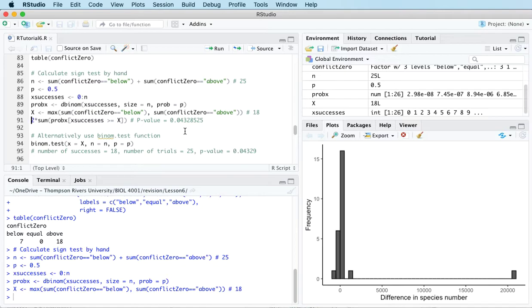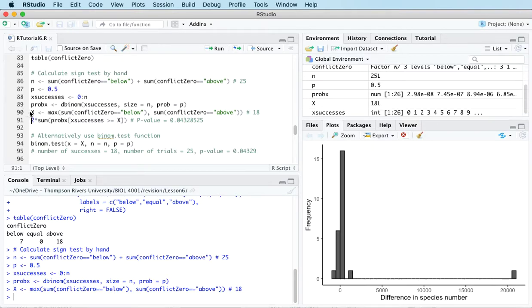So the sign test isn't focused on the population mean, it's focused on the population median. So that's one thing you need to be a little careful of here. That was the null. The alternative hypothesis is that the median difference in the number of species between the 2 groups is not 0. Okay, that's step 1.